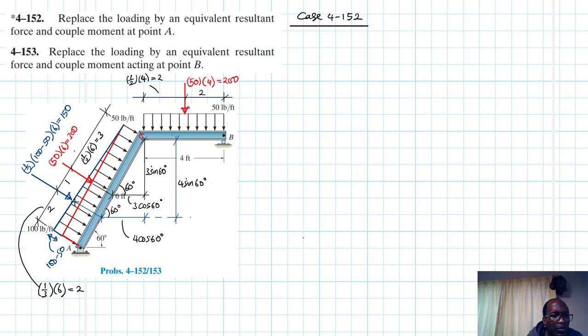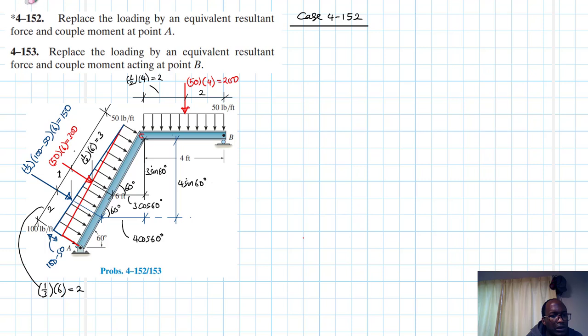We're going to have components here. This is one. Let me put one somewhere there. So we are going to have this angle here and this angle here.